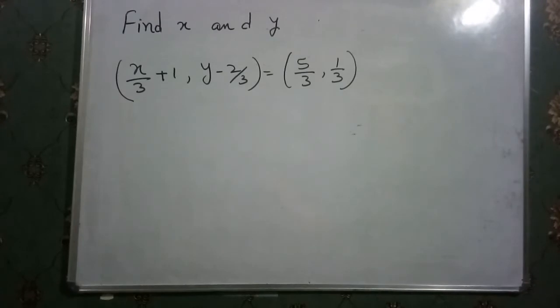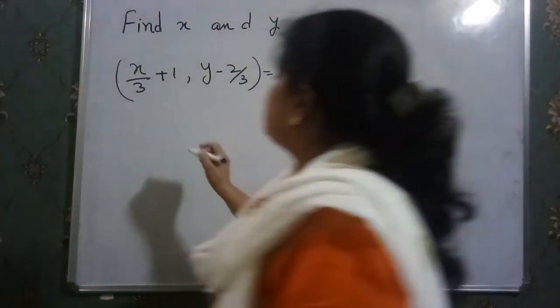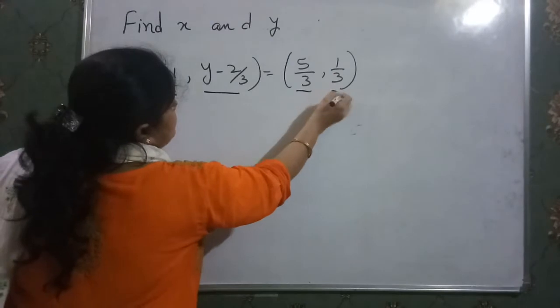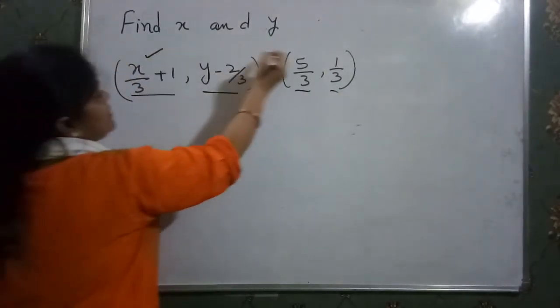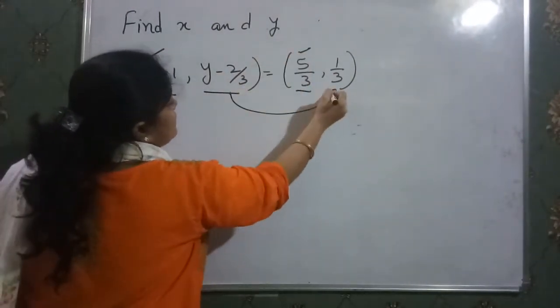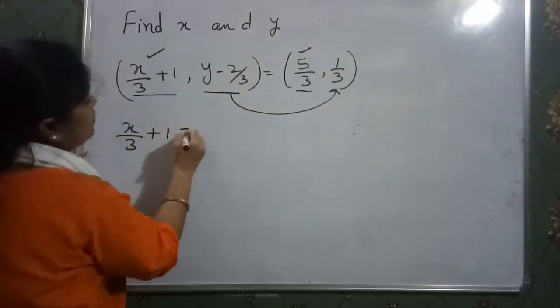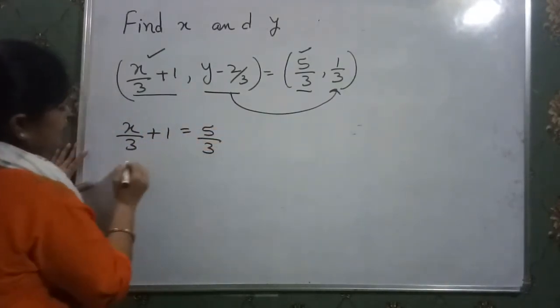Watch this question. You have to find x and y if the conditions are given in this way. That is x plus 3, and 1, this and this is equal to this one. So just compare this one with that and this one with this, and find the values for x and y simply by calculations.